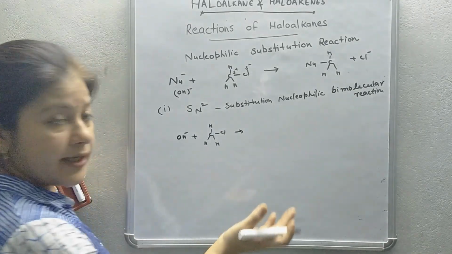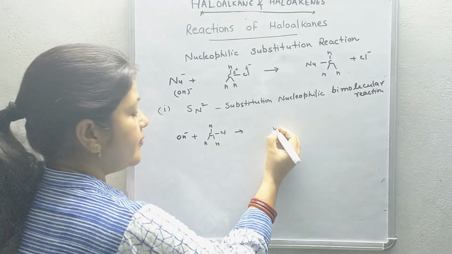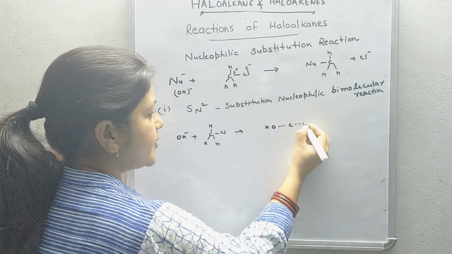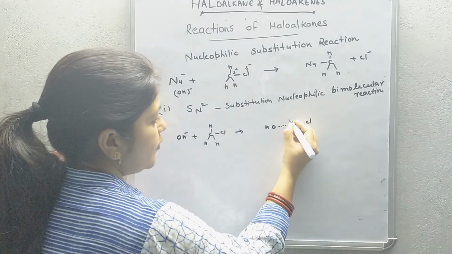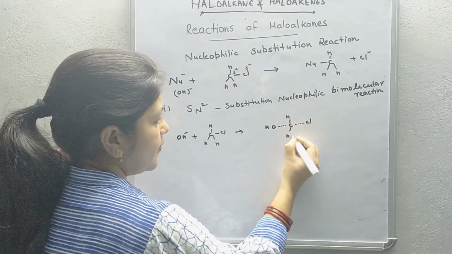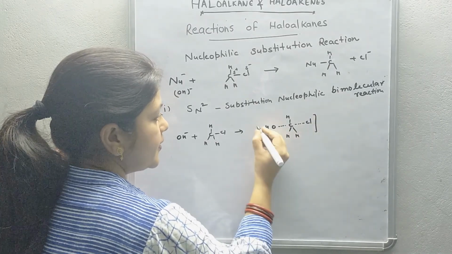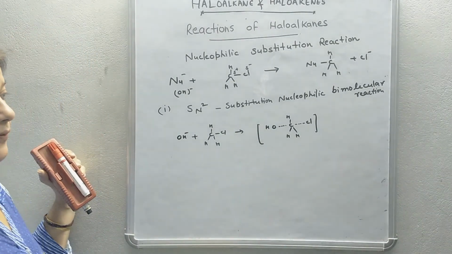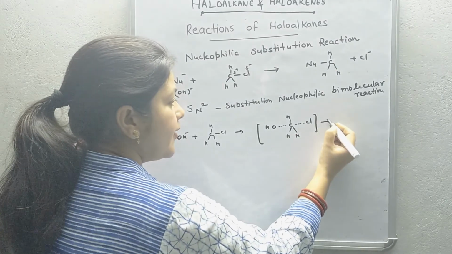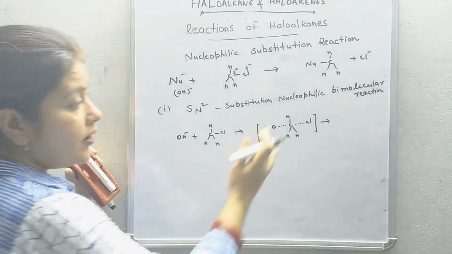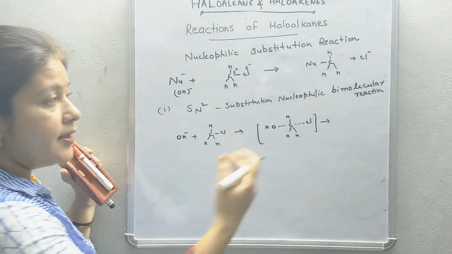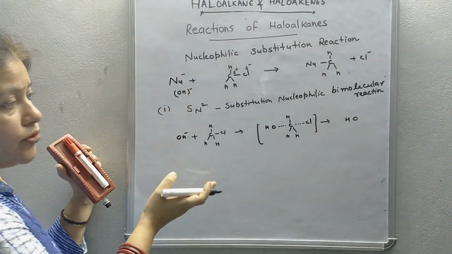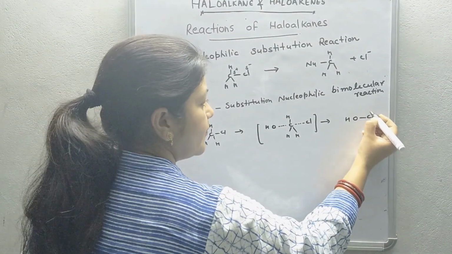So a stationary intermediate state appears. This one starts forming and this one starts getting weaker. These two processes are carried out simultaneously. At the end of the reaction, the chloride ion or leaving group is liberated and the nucleophile is attached with the carbon atom.